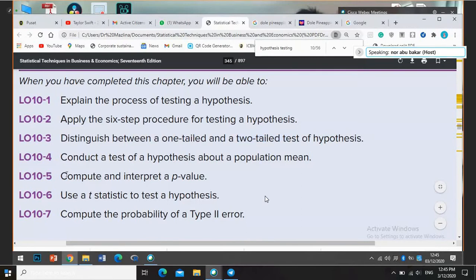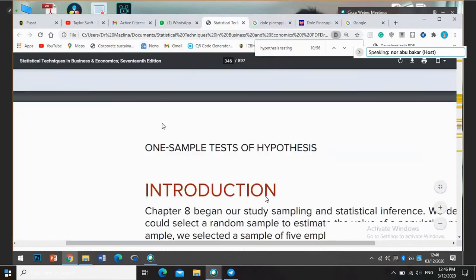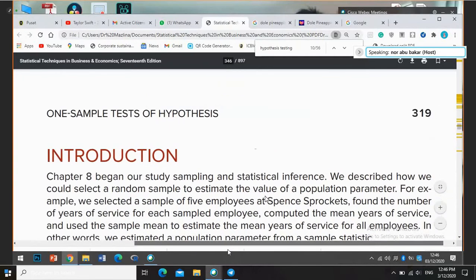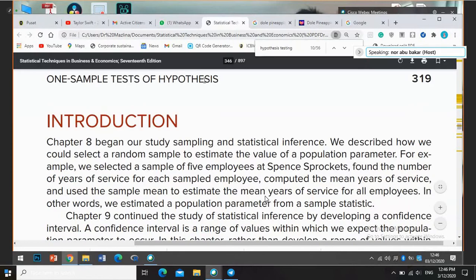And you should be able to compute and interpret the p-value, and the T-statistic. You've learned the T-table, so hopefully by the time we can do 1, 2, 3, 4, 5, we will know how to do 6. Okay, before we proceed to hypothesis testing, there is something more important, which is what does hypothesis mean?